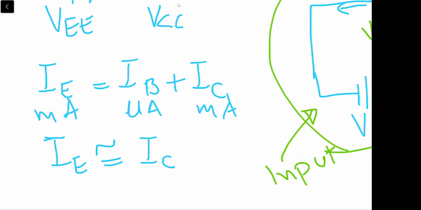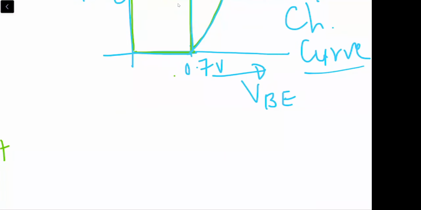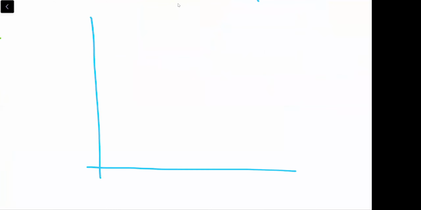So let's suppose, to make the output characteristic curve, we actually deal with the output current IC and the output voltage VCB, right?